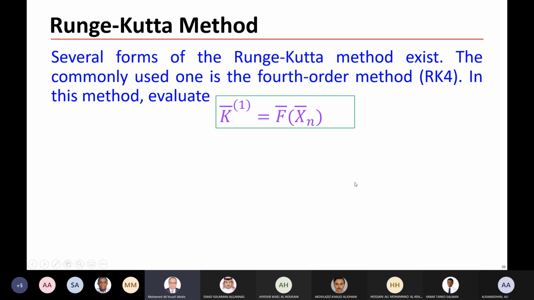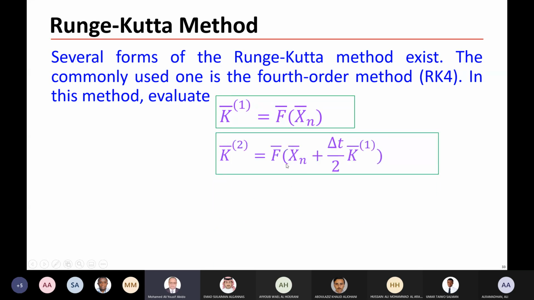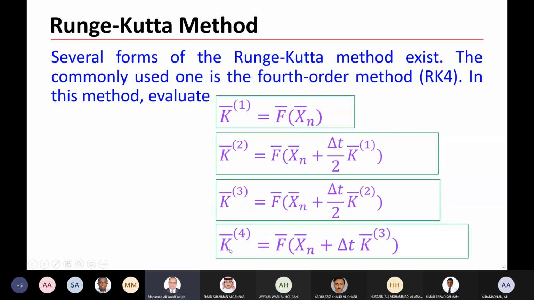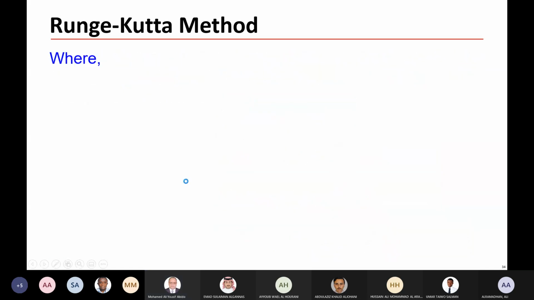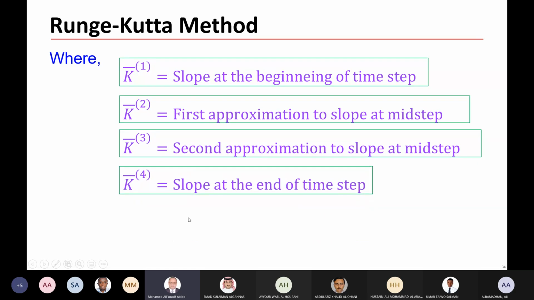We have also the fourth order Runge-Kutta method, where you calculate the function at n, then the second approximation, a third approximation, a fourth approximation. You calculate all these values, and then you calculate x1, x2, x3, x4.